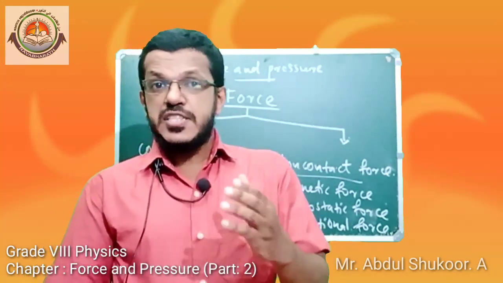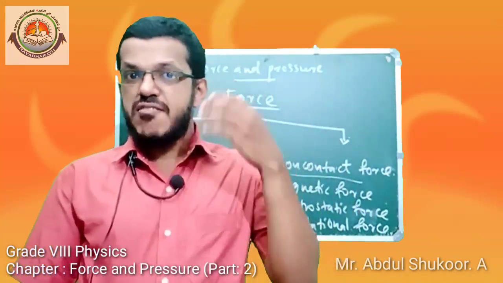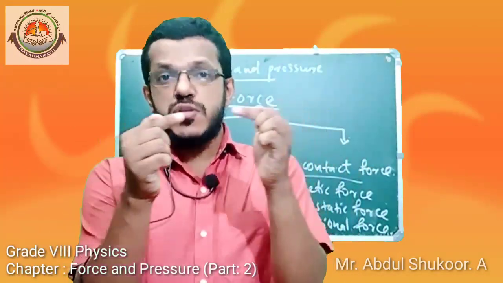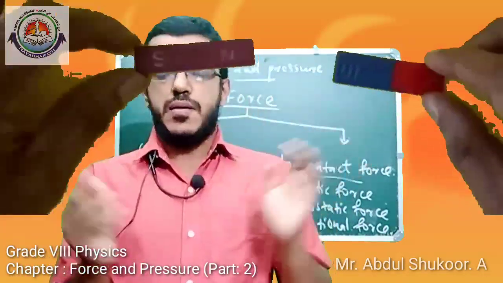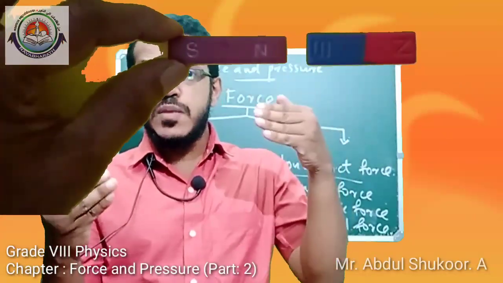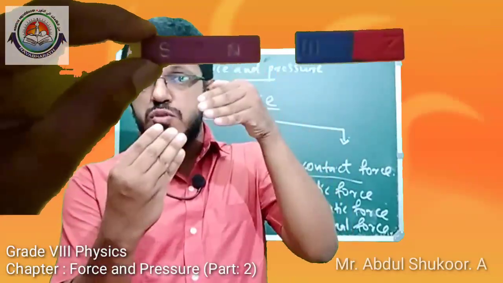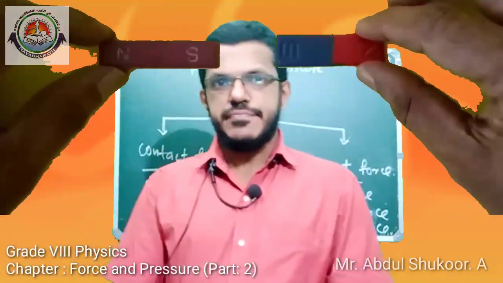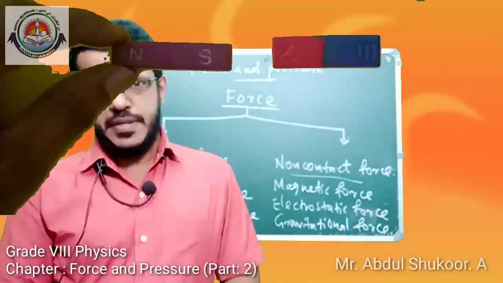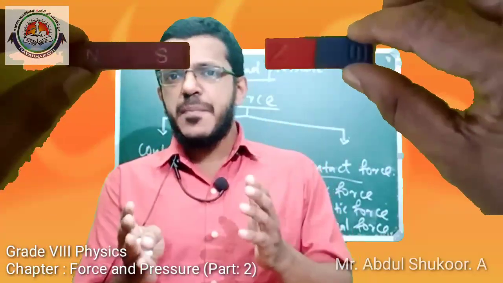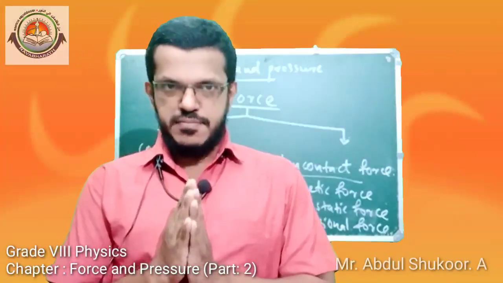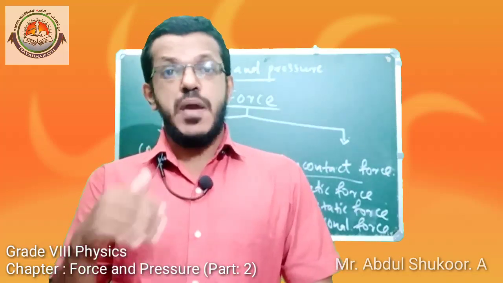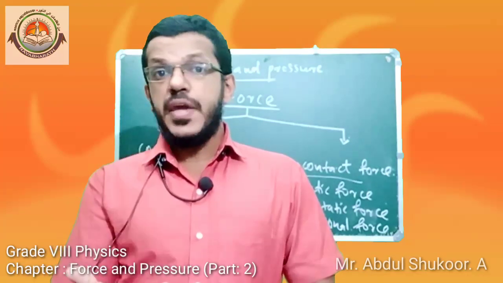If like poles are close to each other, they repel. If the north pole of one magnet approaches the south pole of the other magnet, they will be attracted. That means unlike poles attract each other. That is the example of magnetic force, which may be attractive or repulsive.